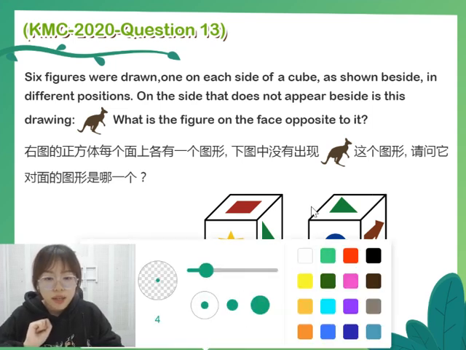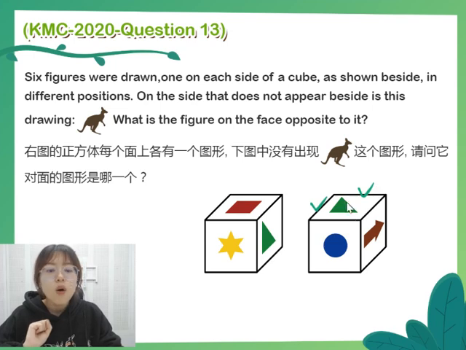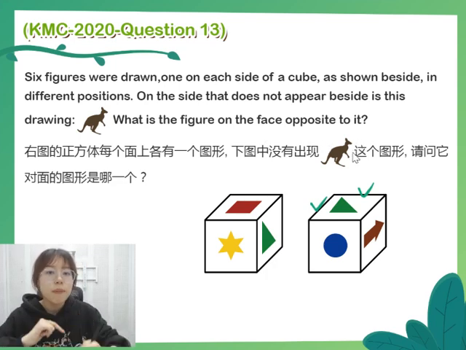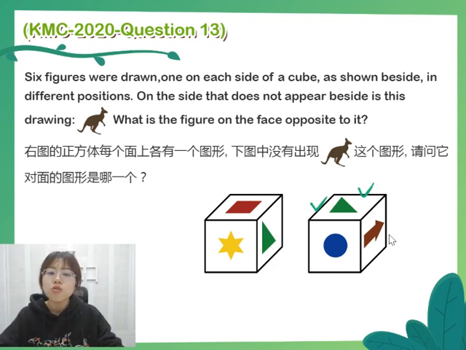This means we know all four figures around the triangle, and the one we don't know is the opposite face of the triangle. That's very good. So the missing one is going to be the kangaroo, and the question is asking for the figure on the face opposite to the kangaroo. Very good. So if you work backwards a little bit, you can find it's the triangle. So the answer is B.